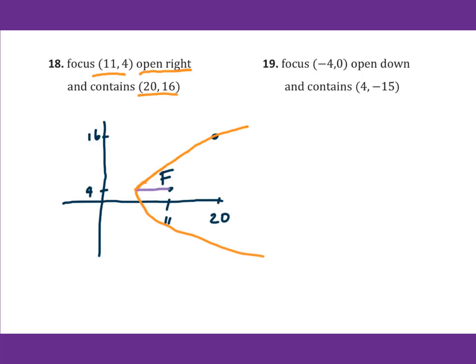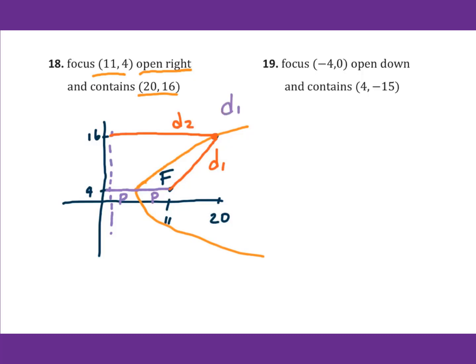This will be p. Then the same distance gives you the directrix. According to the definition, for any point on the parabola, this distance, D1, will equal this distance, D2.